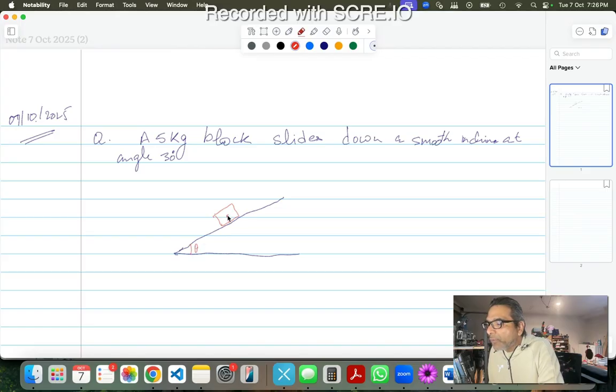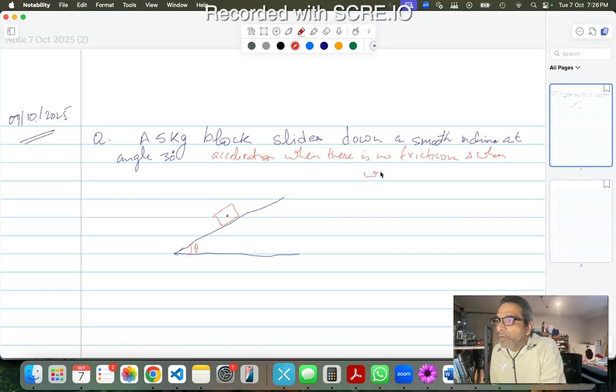Now we have to calculate the acceleration when there is no friction, and when we have, let's say, a friction force of 10 Newton, right?